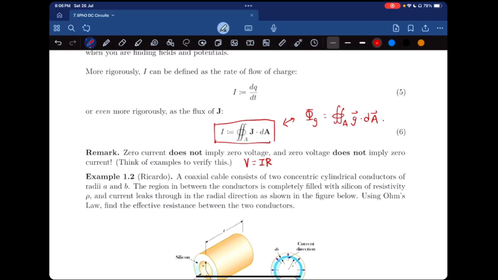Perhaps the second one is more clear because it's possible that R equals zero, and that's the case of a short circuit. But try to think of an example to prove the first one. I will leave this as an exercise to you. Usually the examples that prove these involve funny things like short circuits, as I mentioned, or open circuits, or even infinite resistance, which we'll see later on in the notes.